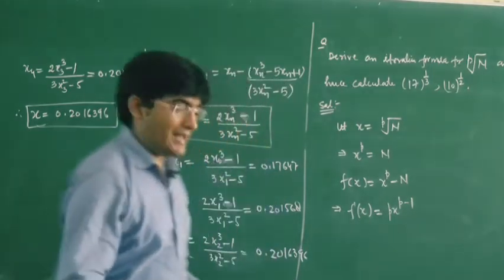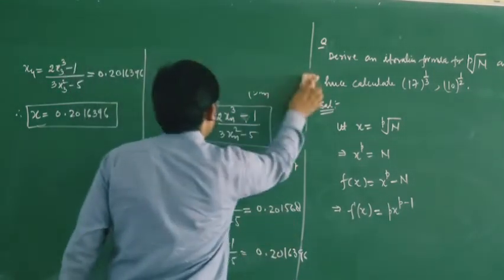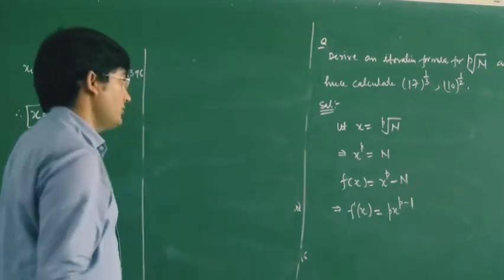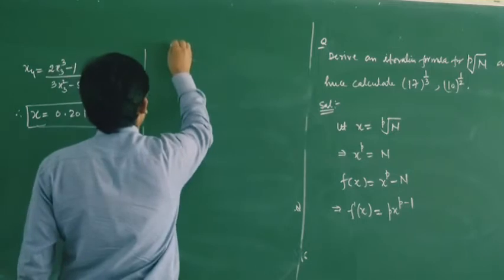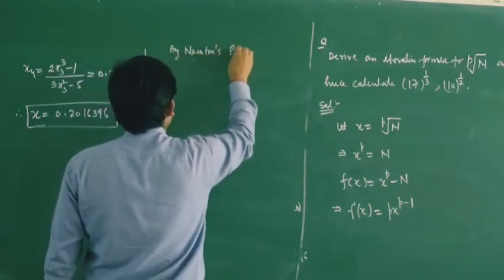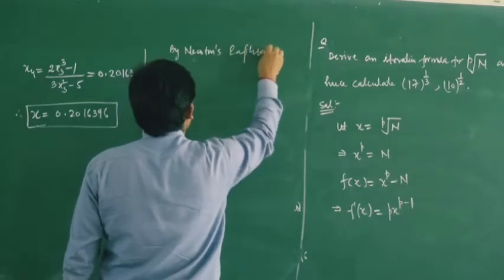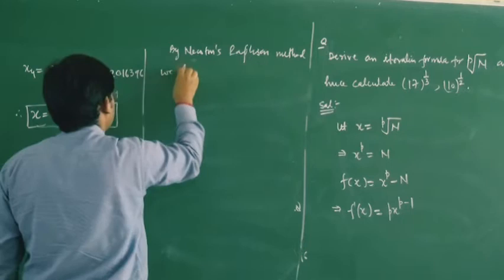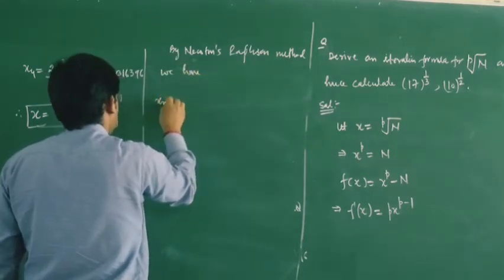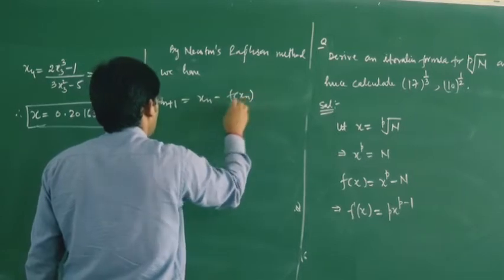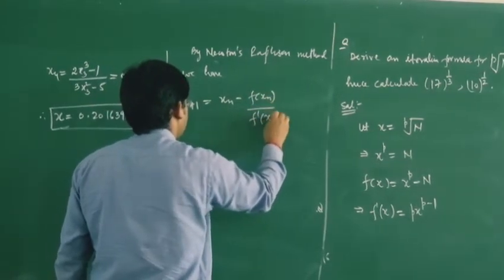So with the help of the Newton Raphson method, by the Newton Raphson formula, we have x_(n+1) equal to x_n minus f(x_n) divided by f dash (x_n).